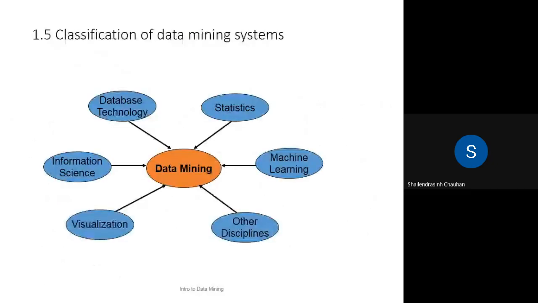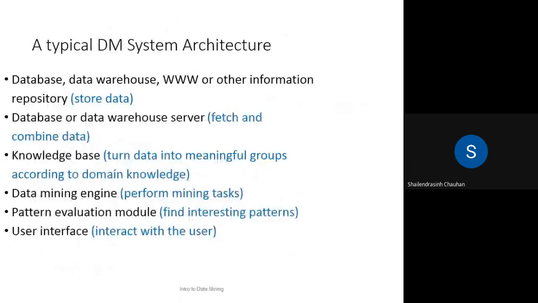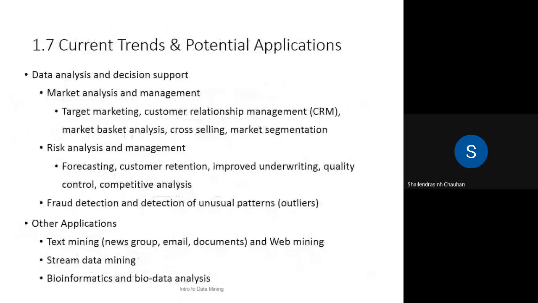Then the classification of data mining systems. Based on all these things, we can classify data mining systems. And we have seen the data mining system architecture in the previous session, and we have discussed current trends and potential applications.